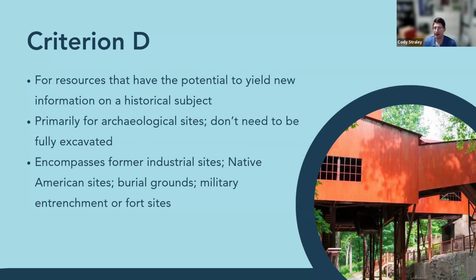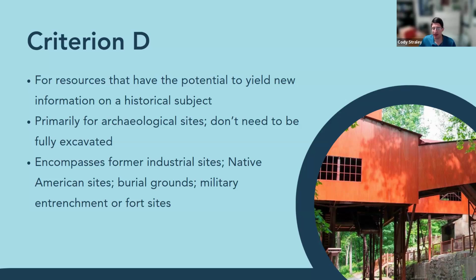And then criterion D is a bit more tricky to define, but the Park Service calls criterion D properties those that have the potential to yield new information on a historical subject. So basically, if you have a property that has something about it that can provide new information on a topic that needs more research.